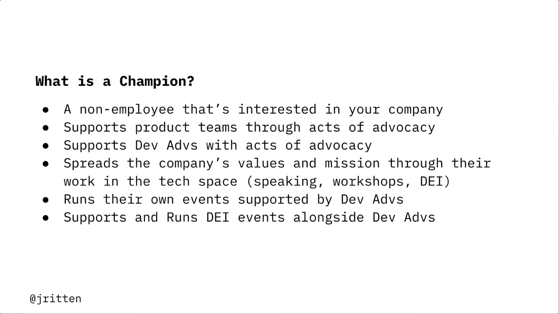It's also spreading your company's values and mission through work in the tech space. So speaking at our Hacky Hour, he can then go speak at other conferences and workshops about Watson Assistant and the work that he's done, and build his career brand and his professional career using what he's learned and what he's built.